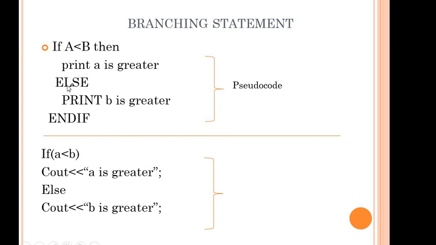This else word is followed by the statement that should be carried out if the condition is false. Then they use the word end if, which is not used in the programming language. End if is the word that gives an idea that here the if structure is finished. So this is the way a branching statement has to be used inside the pseudocode.